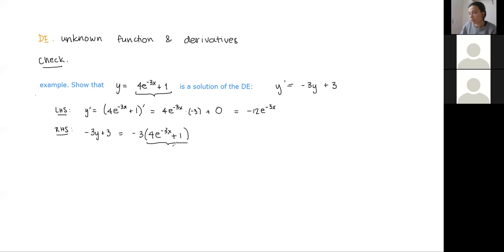This is just y, so that's why I'm replacing it there. If I distribute, I get minus 12 e to the minus 3x. And then minus 3 times plus 1 is minus 3, and then plus 3 means these two cancel. And I get minus 12 e to the negative 3x.